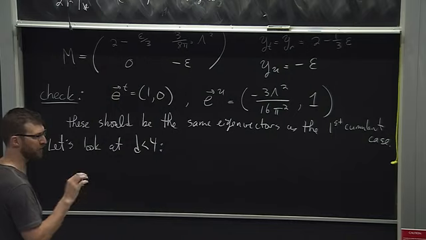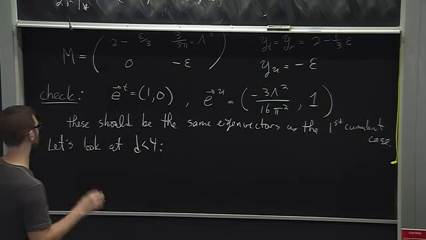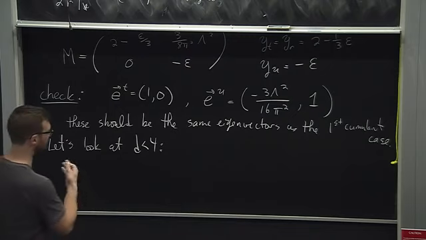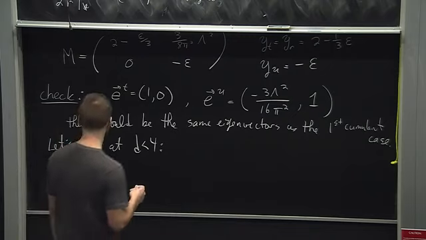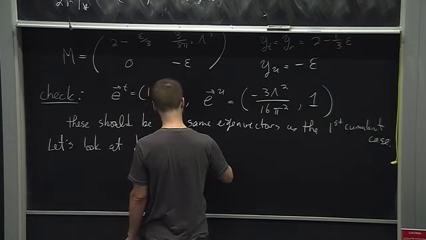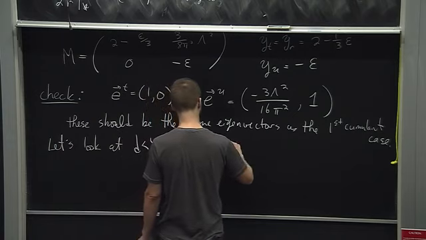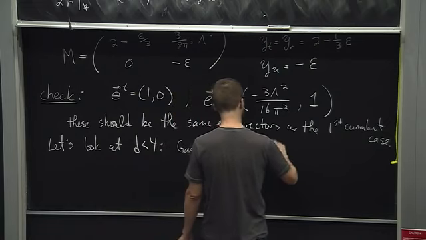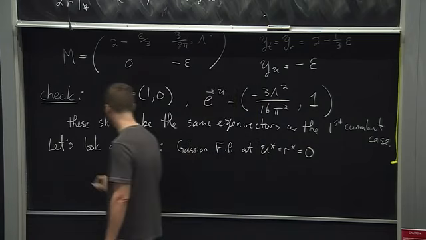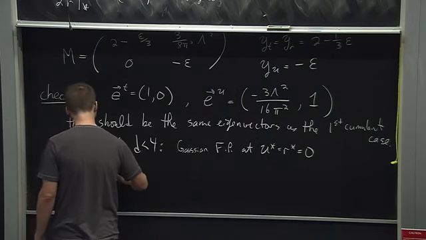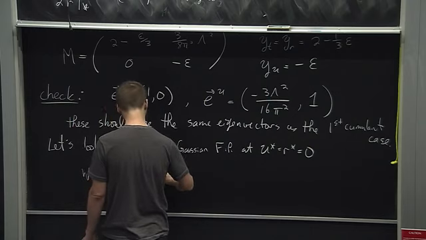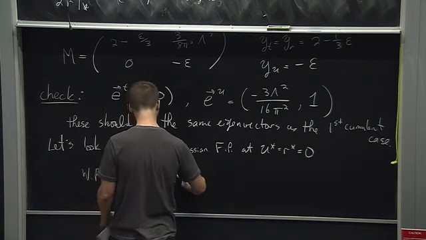So I have a Gaussian fixed point at the origin. And now I have the Wilson-Fisher fixed point at some distance from the origin in this coordinate system, right? So Gaussian fixed point at U, and the Wilson-Fisher at these values.